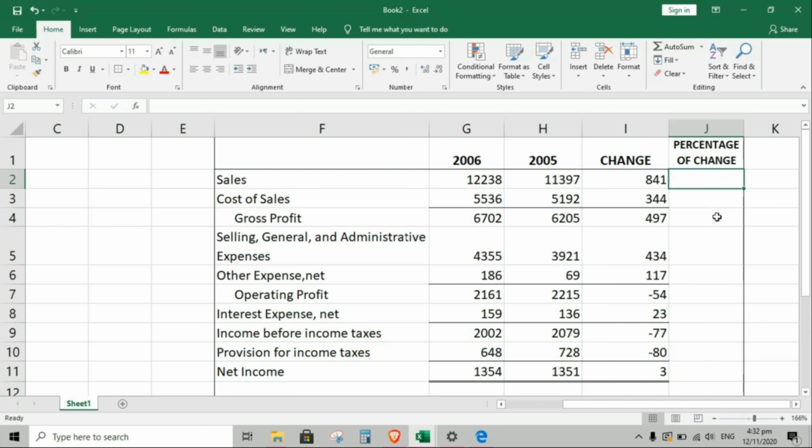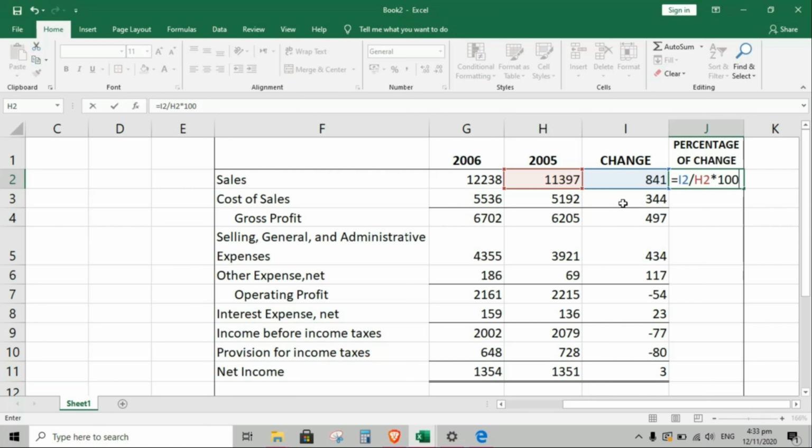Ngayon, ang next natin gagawin ay kukunin natin yung percentage of change. Yung formula, nakuha na natin yung change, di ba? Ang gagawin natin, yung change na 841, di-divide natin siya doon sa previous year, dito sa 2005. So, 841 divided by 11,397 at ita-times natin siya sa 100 para makuha natin yung kanyang percentage.